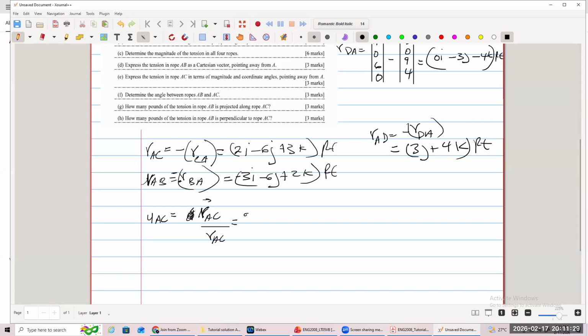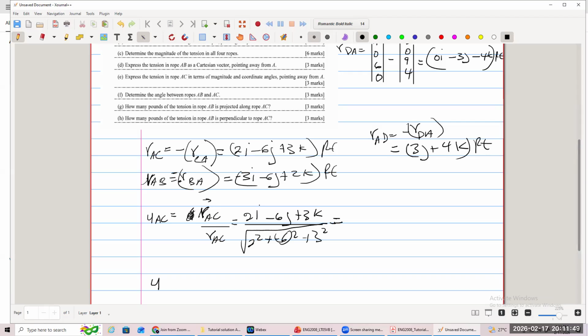Everybody knows how to do that by now. We do it often: 2 squared plus minus 6 squared plus 3 squared, and you take the root and you find a unit vector. Can somebody give me a unit vector of that one?